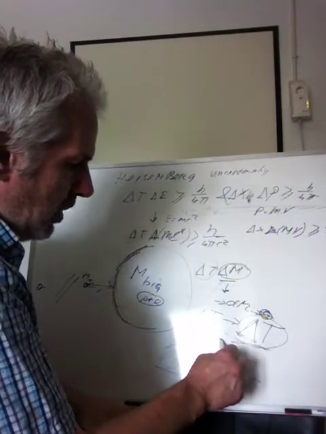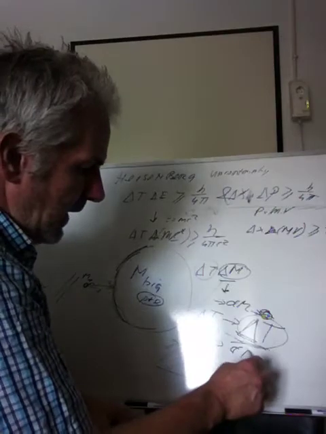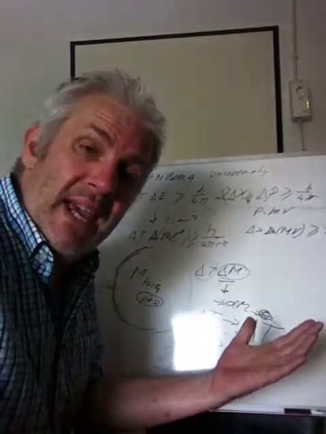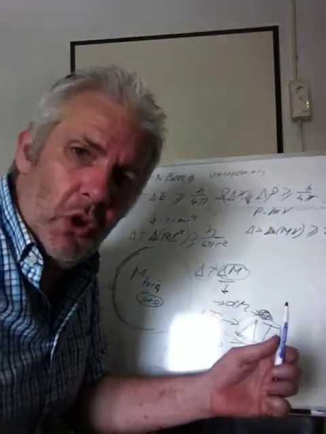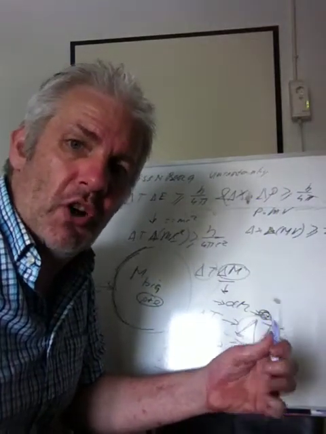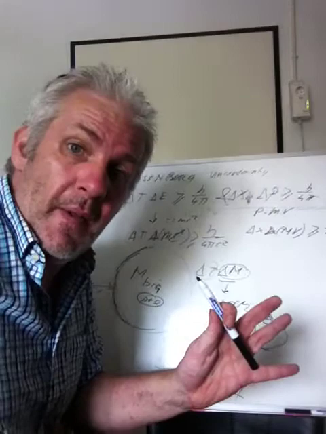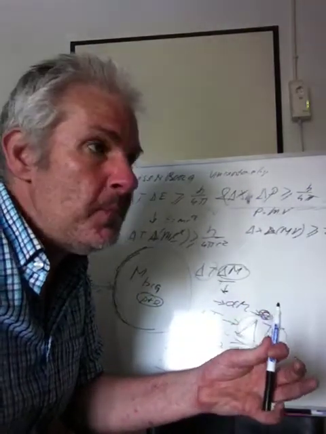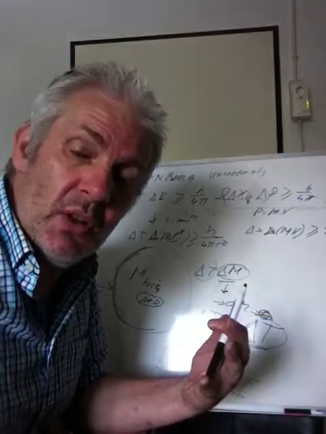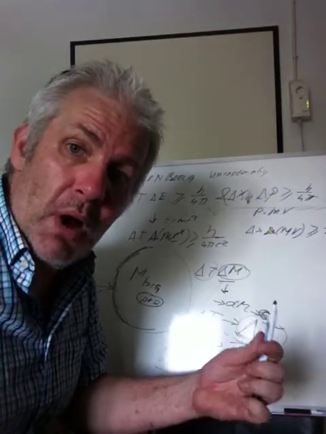So delta t becomes dt. In open space, far away from an object, it's very hard to determine the masses of stars millions or billions of light years away. The bigger the distance, the harder it is to determine the mass.